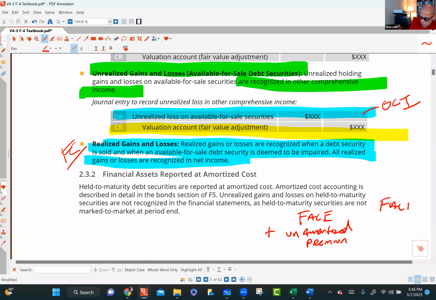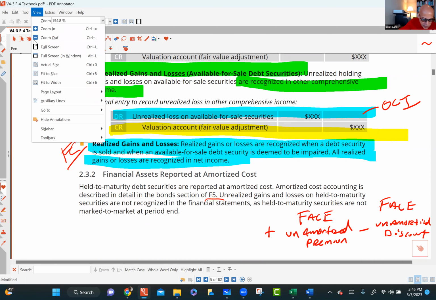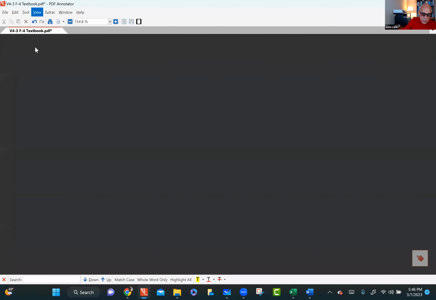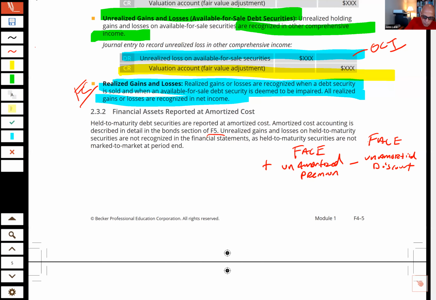It has to be one or the other. Okay, and we'll get more into that in F5, but essentially that's all that's happening there. When they say amortized cost, that's what they mean. What is its face plus any unamortized premium or minus any unamortized discount. It can't be both. And we'll get into detail on that in F5.